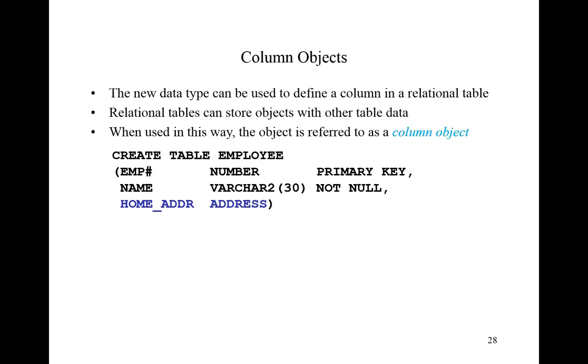When a user-defined type is used in this way, the object that's instantiated is referred to as a column object. Here, our simple example does not yet reveal how much we can accomplish, but it does serve to present the fundamental framework provided for our task.